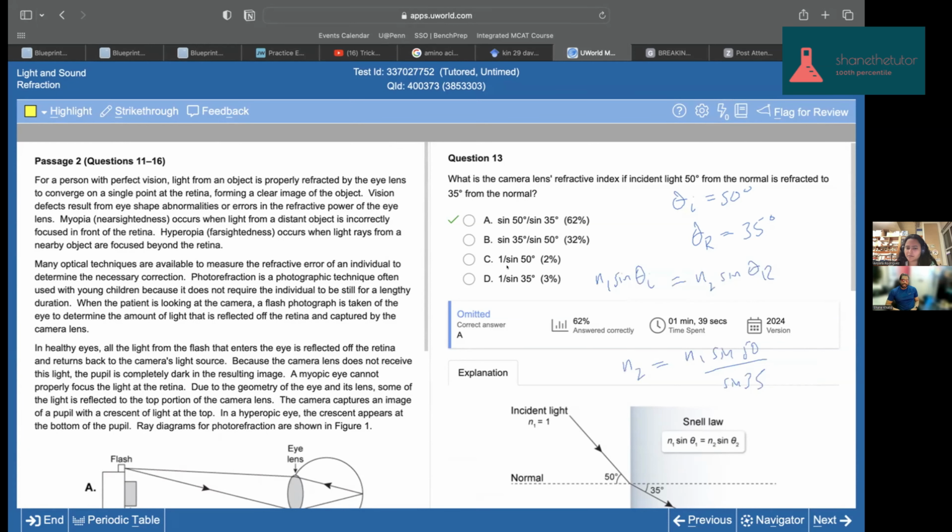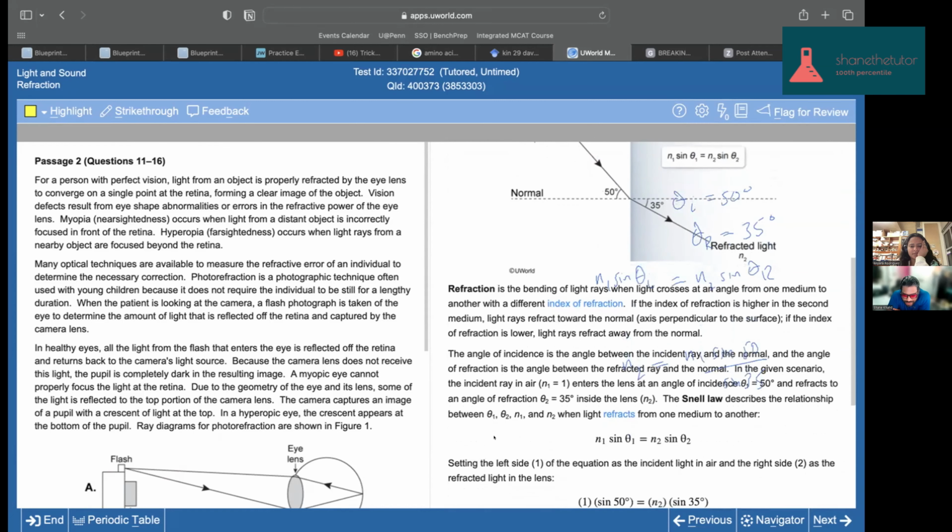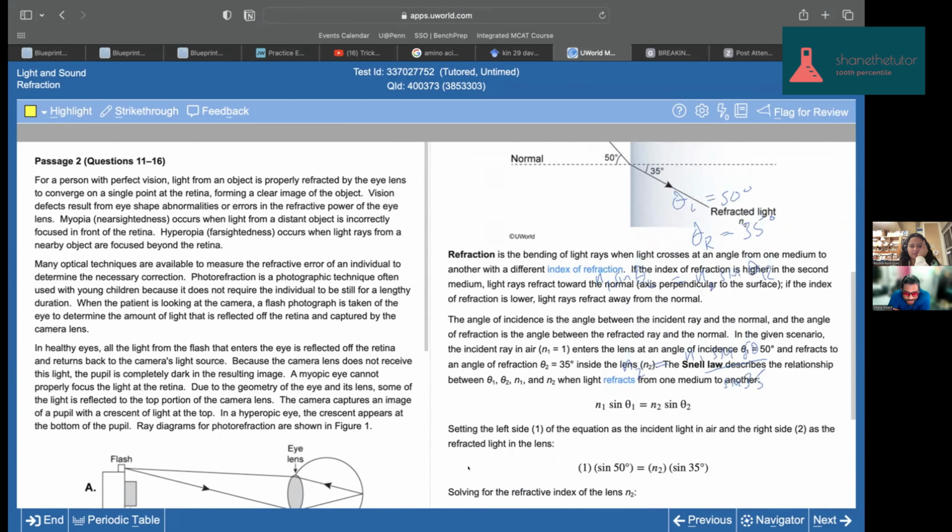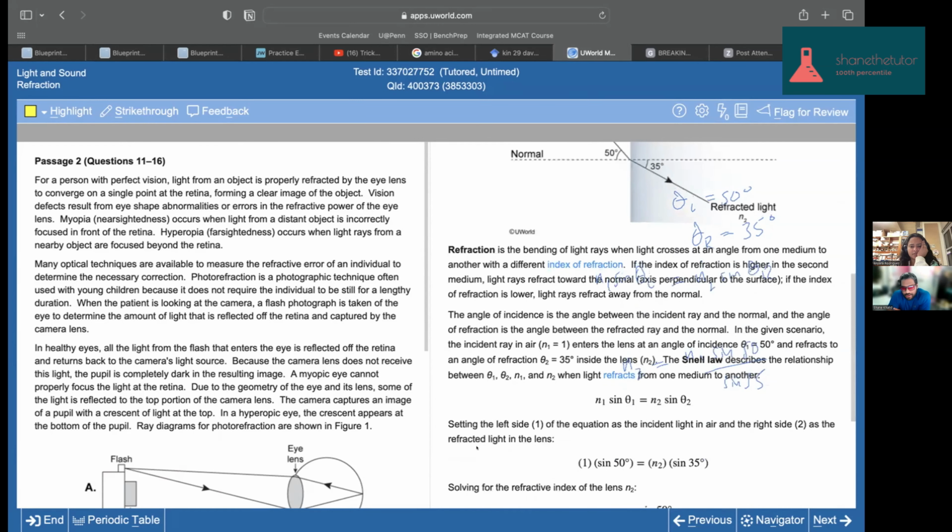And if they told you that N1 is equal to 1, then that would just be sine 50 over sine of 35. Let me just see where it tells you. Okay, they're saying in the given scenario, the incident ray in air, N1 is equal to 1. So air is the original location and the lens is a new medium.